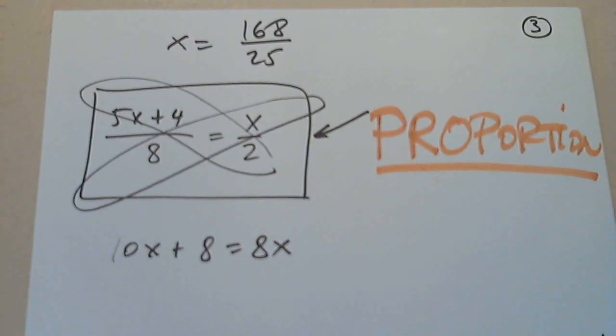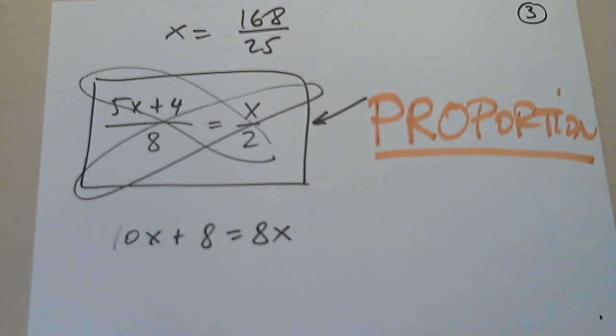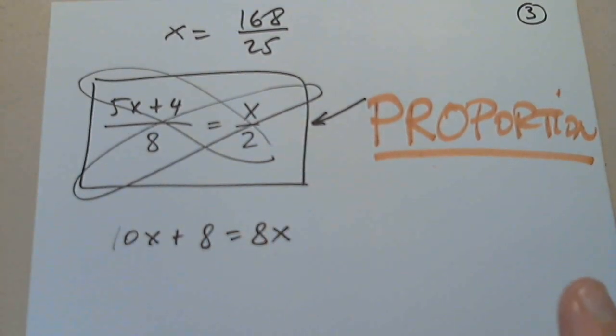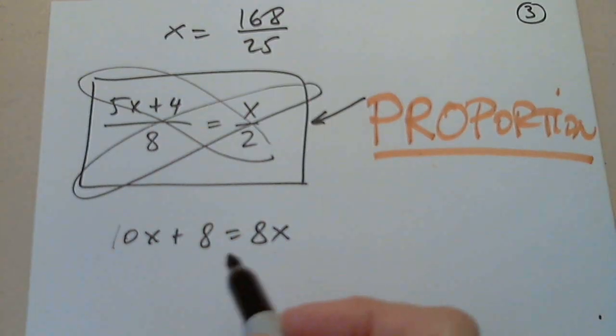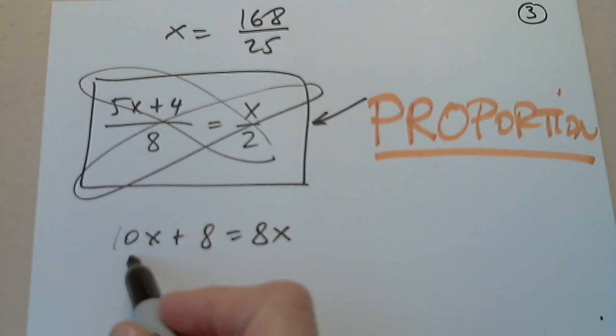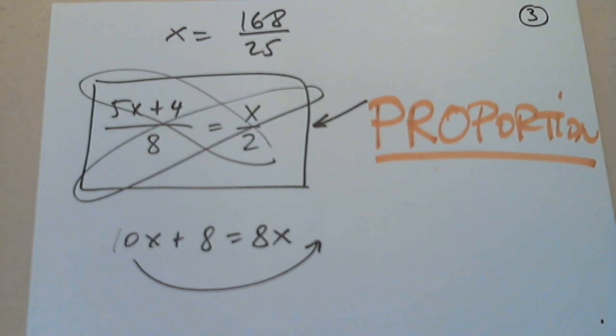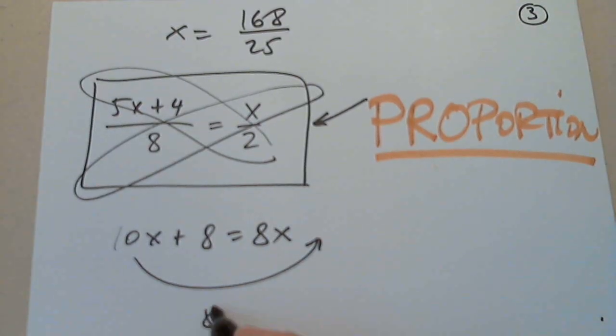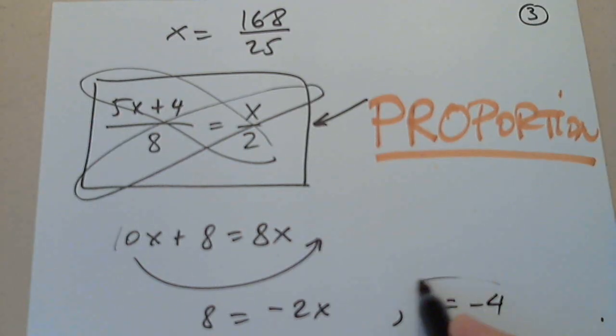Okay? So now, I prefer always keeping the variable on the left. It doesn't matter. It really doesn't matter. Instead of doing this and then this, I'm just going to move the 10x to the other side. So I have 8 equals negative 2x. And then I divide and I get negative 4.